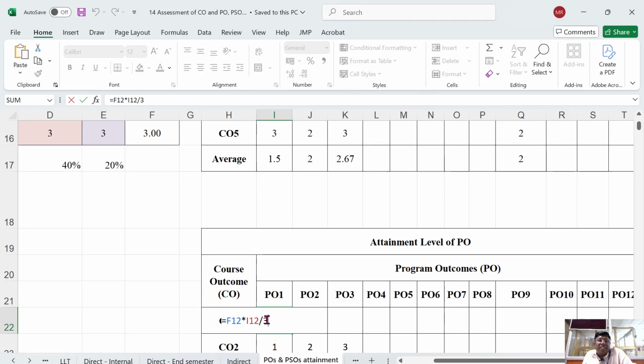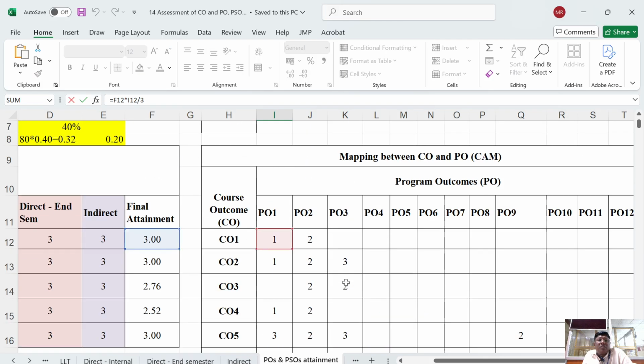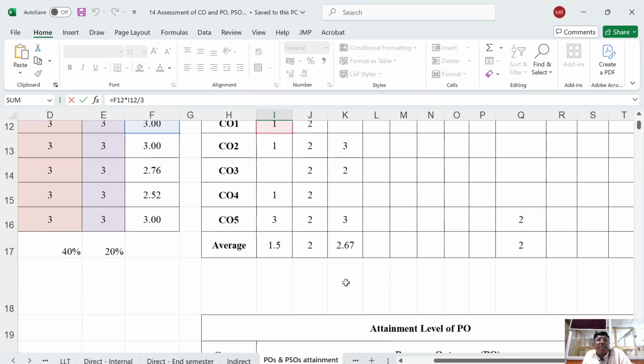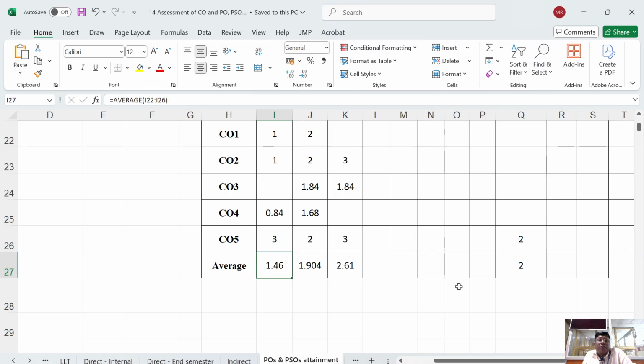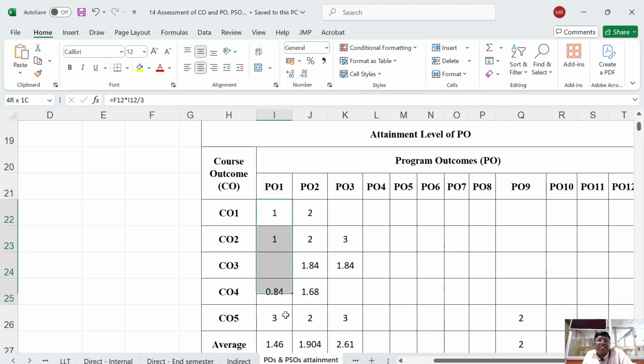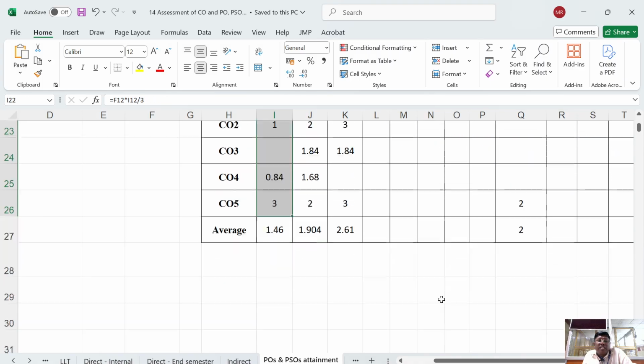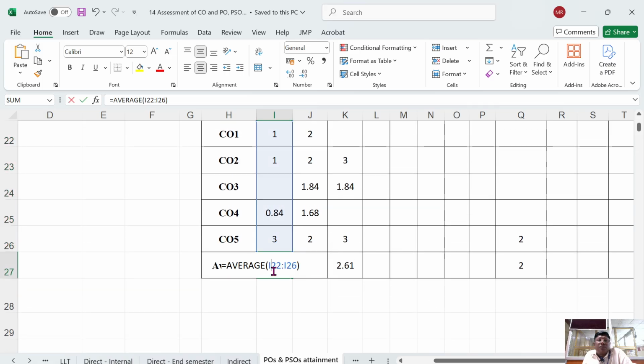So if you look here, 3 into 1 divided by 3, because we want to attain the maximum level of 3. So 3 has to be put, divided by 3. Like that, each one is always divided by 3. So using this formula, you have to put it, and find out the average of these values.